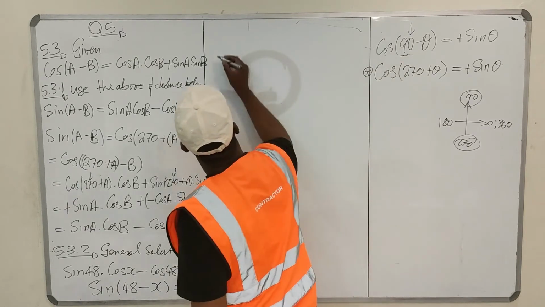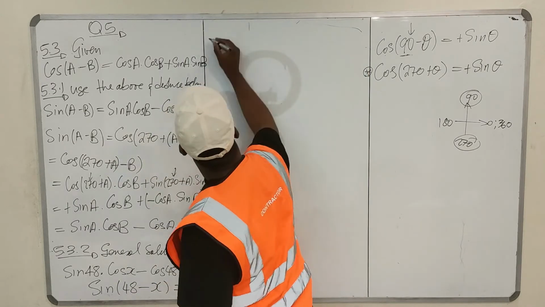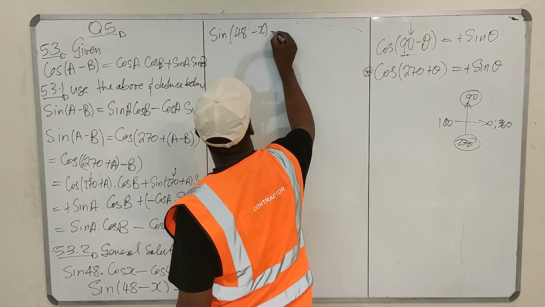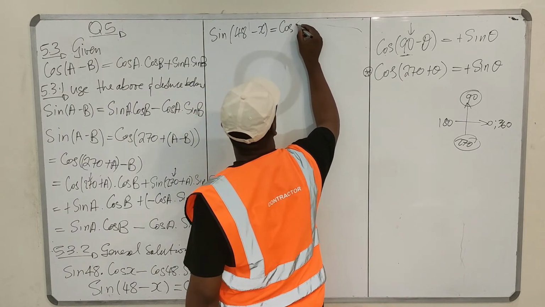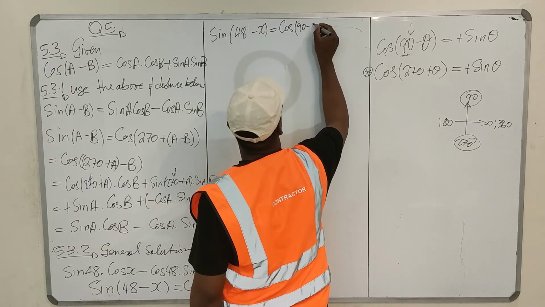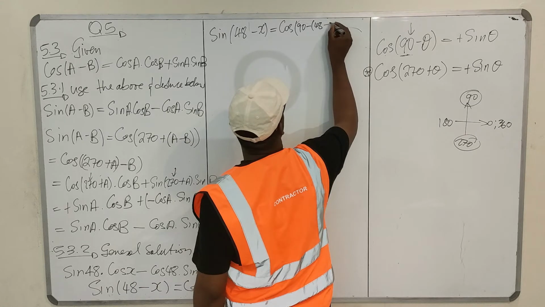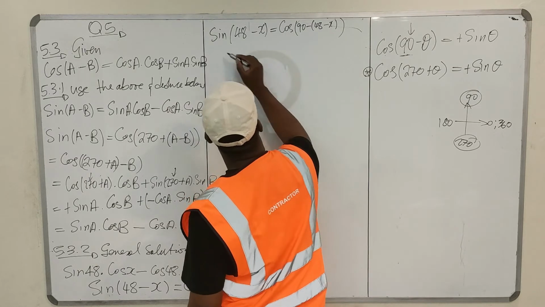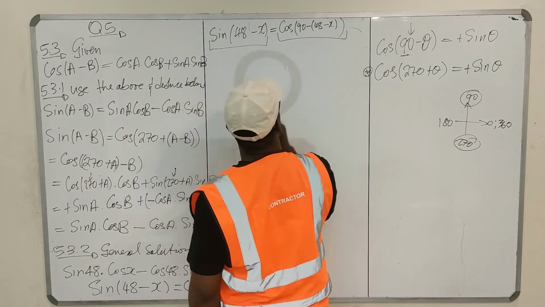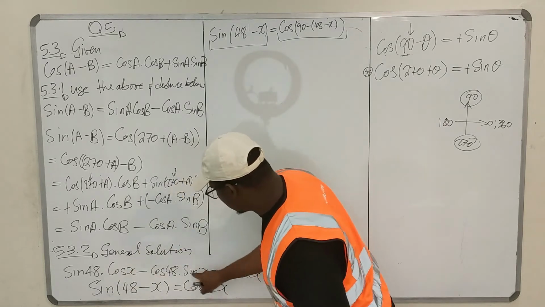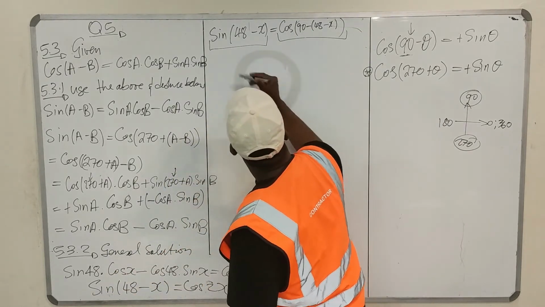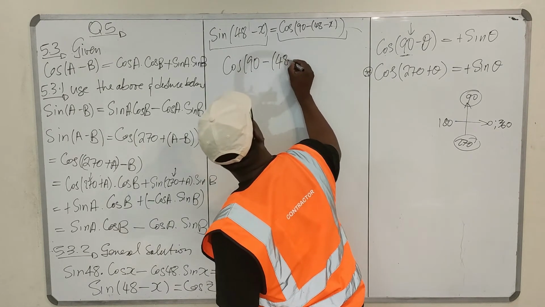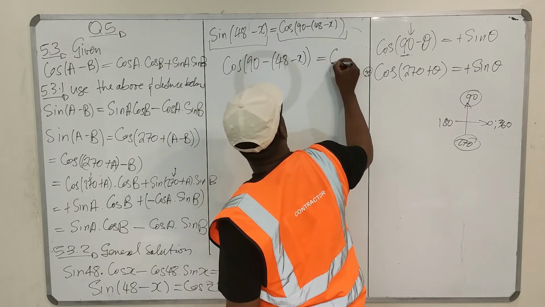So we can say that sine 48 minus x is equal to cos 90 minus 48 minus x, right? So these two are equal. Therefore, on the left hand side, you can substitute this and say cos 90 minus 48 minus x is equal to cos 2x.